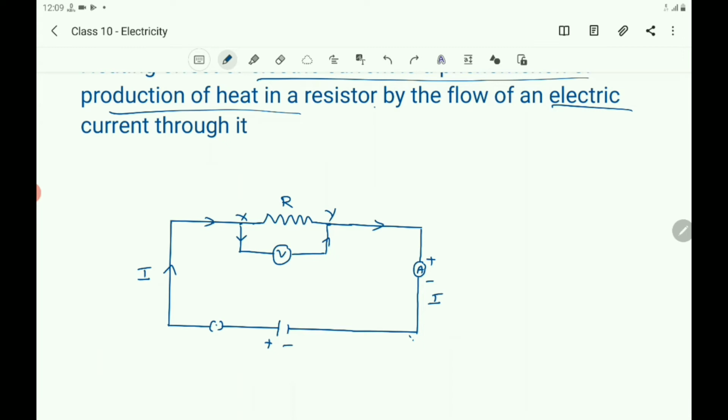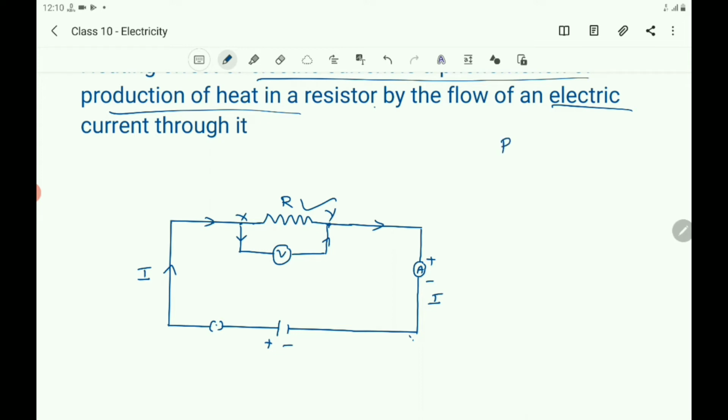Here it is a resistor of resistance R. Let us consider X and Y are the ends, and the potential difference across X and Y, across the ends of the resistor, is V.